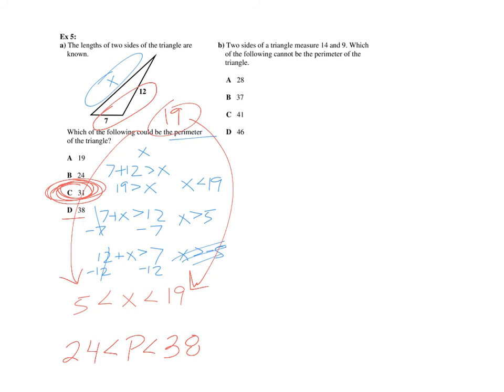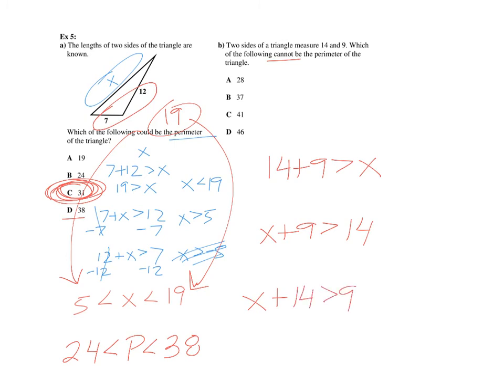Two sides of a triangle measure 14 and 9. Which of the following cannot be the perimeter of the triangle? Cannot. All right, so pretty much the same setup here. We have 14 plus 9 is greater than x. Then I have x plus 9 is greater than 14. Then I have x plus 14 is greater than 9.